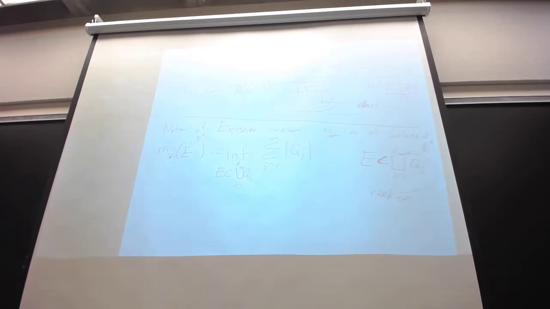Okay, is it clear? So it's just what we said before. It's the outer measure. It's very close to what we'll want. Let's test this definition. Does it give some good properties?